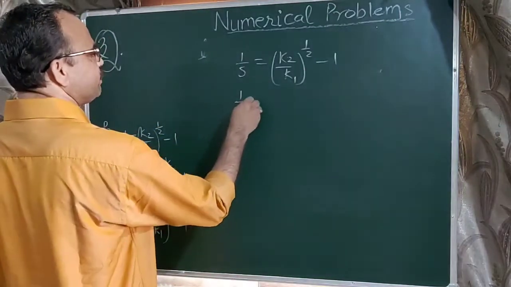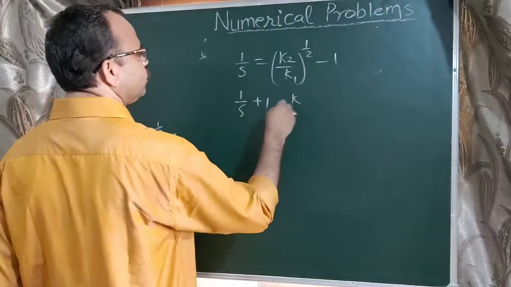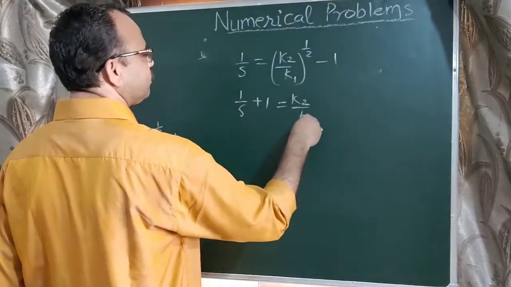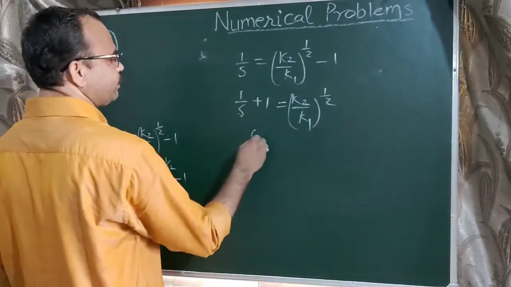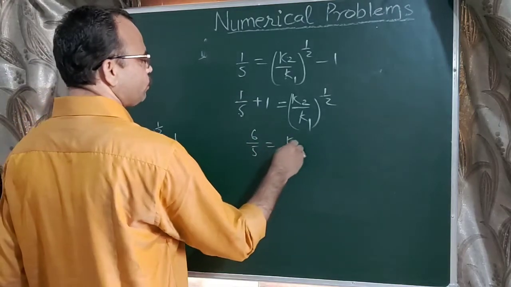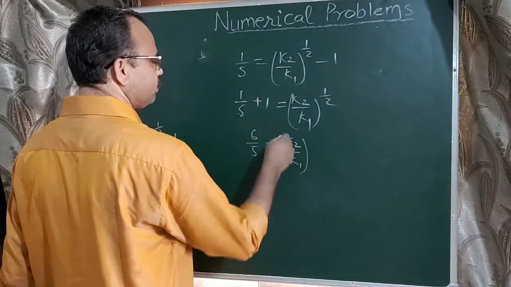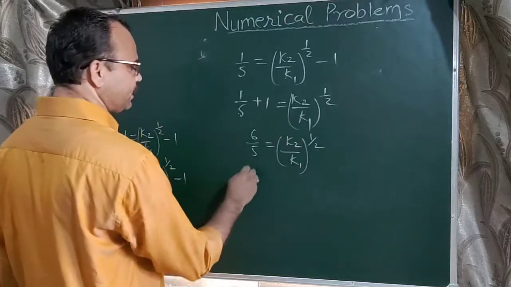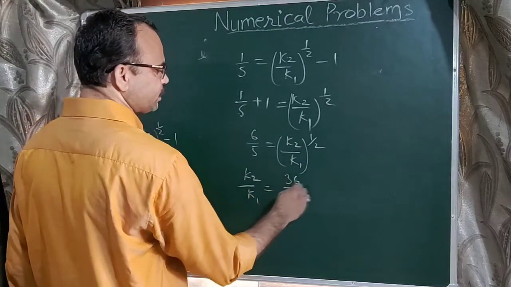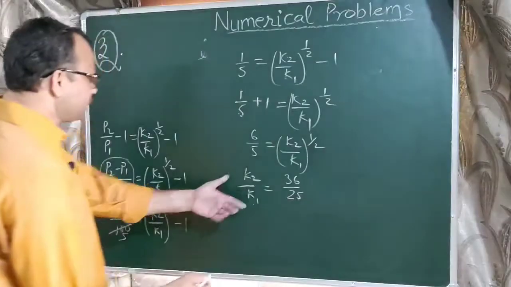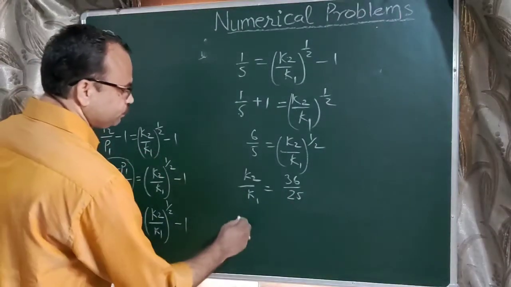So 1 upon 5 plus 1 equals K2 upon K1 whole power 1 by 2. So 1 upon 5 plus 1 is 6 by 5, equal to K2 upon K1 power 1 by 2. Now squaring both sides, K2 upon K1 is equal to 36 upon 25. Now again make the percentage formula.